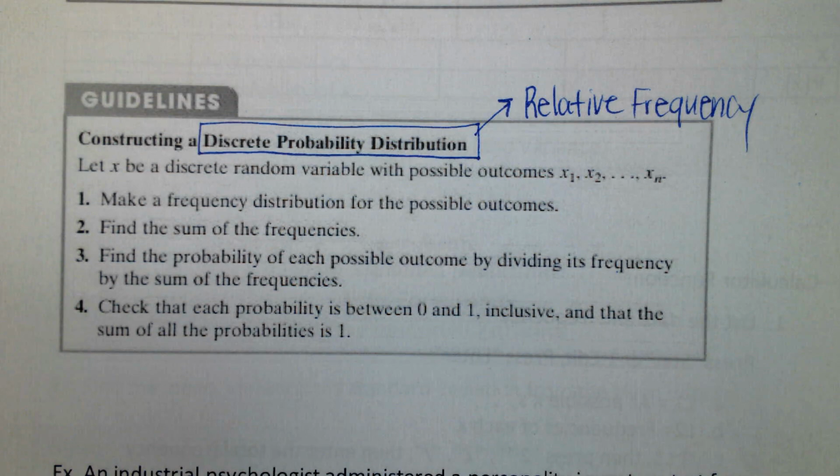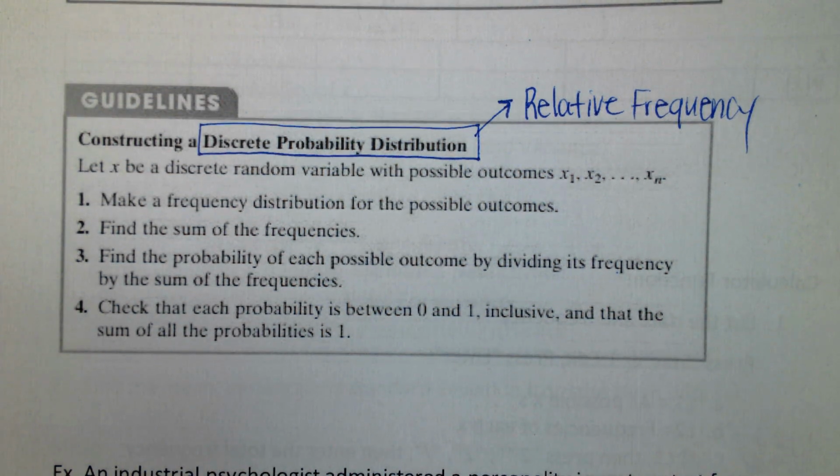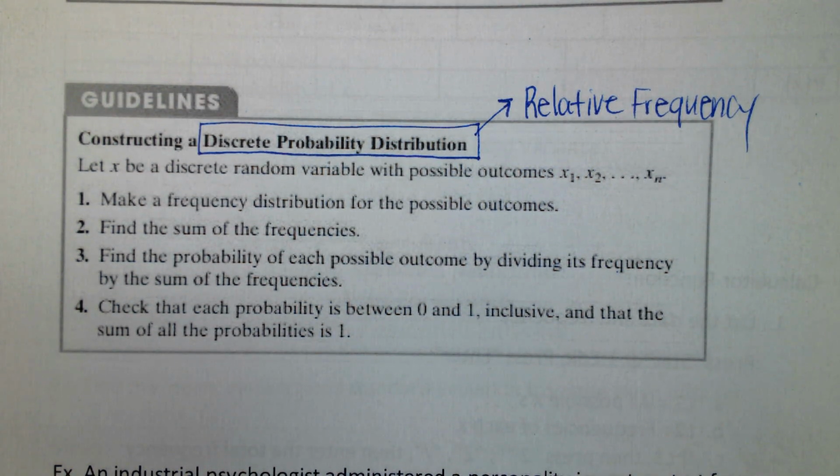Relative frequency. So discrete probability distribution means we want to find the relative frequency. So we're looking for every single possible outcome, and then we're going to look at the frequencies of those outcomes and calculate the relative frequency. I know. We've done it before. It's just giving it another name. So we're going to divide the frequency by total frequency.